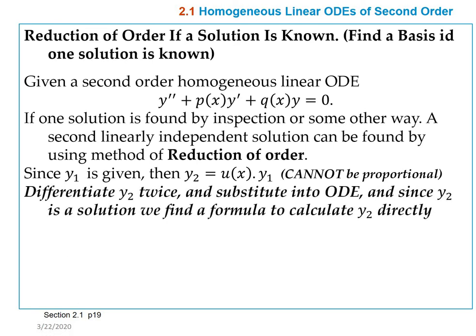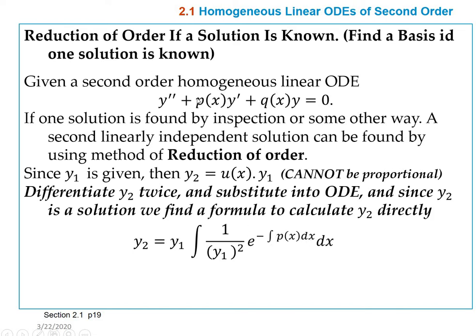If we differentiate y2 twice, substitute in the ODE, and simplify, you'll get y2 equal to y1 times the integral of 1 over y1 squared times the exponential of negative integral of p of x dx, all dx.